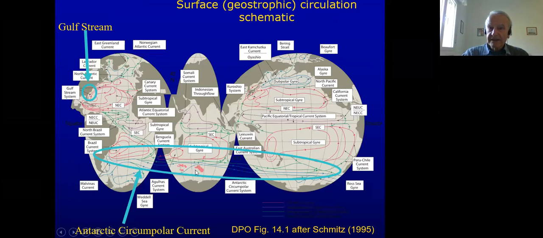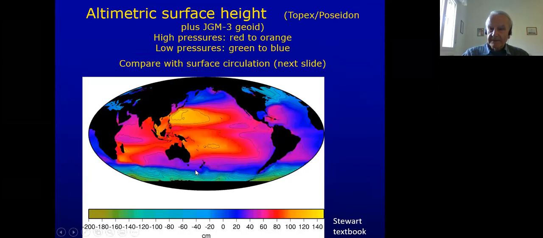So at this place, the sea level slope is maximum, and this is what happens in the internal current field, or in the internal pressure gradient.